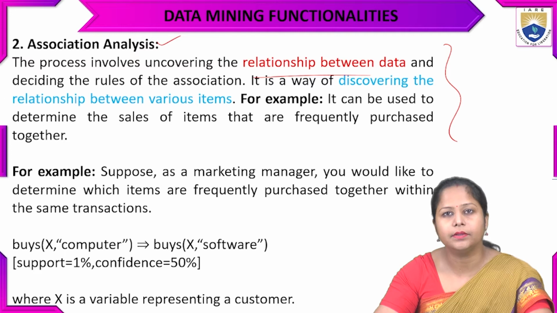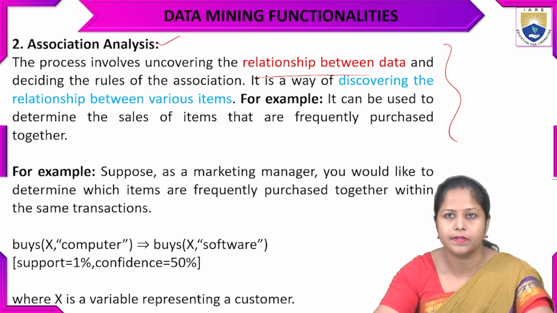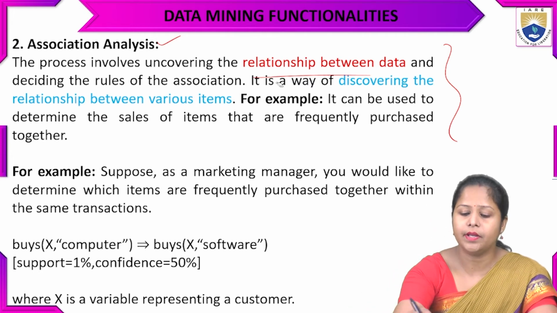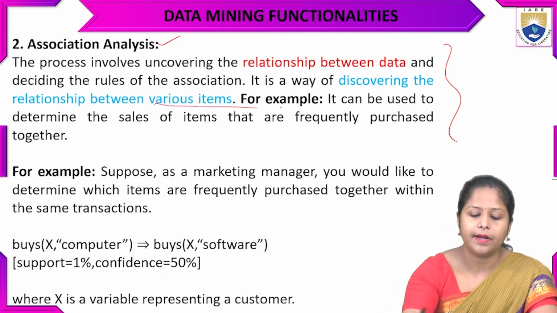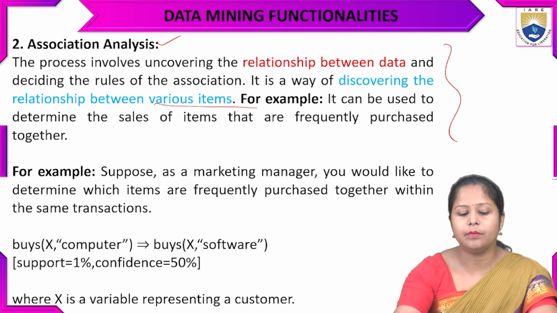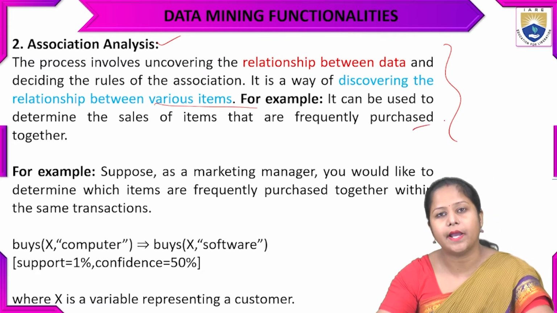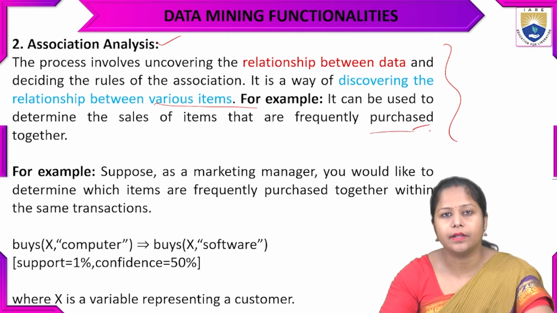The rule will also be carried out here, and the relationship will be uncovered from this process. It is a way of discovering the relationship between the various items. For example, it can be used to determine the sales of items that are frequently purchased together.